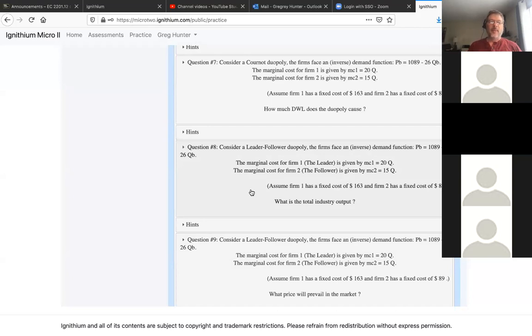But remember, the really important first step is to find the reaction function, and then go from there. Okay, does anybody have any questions?